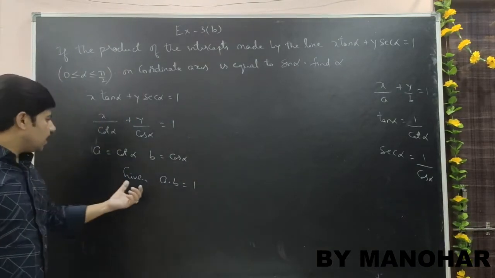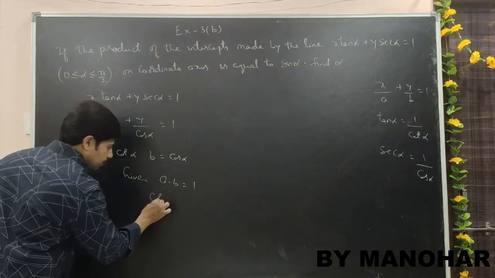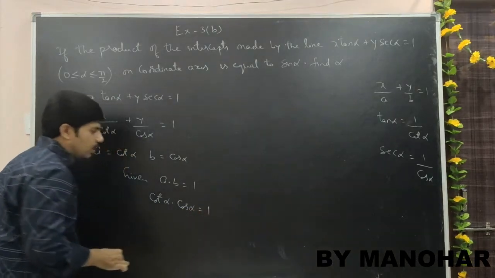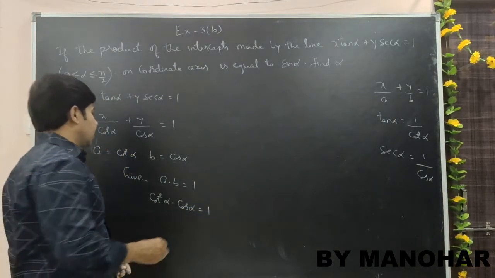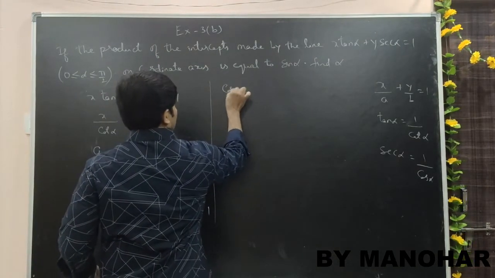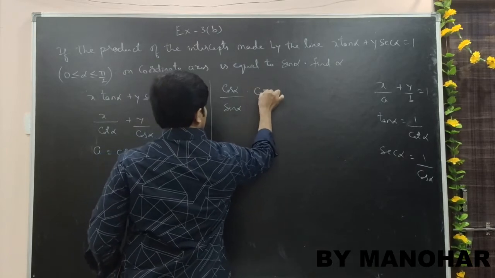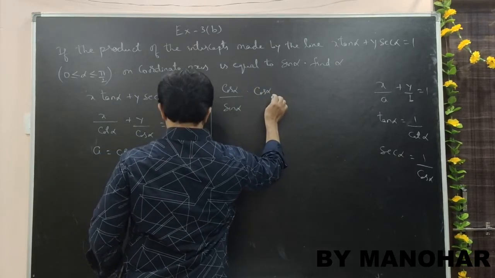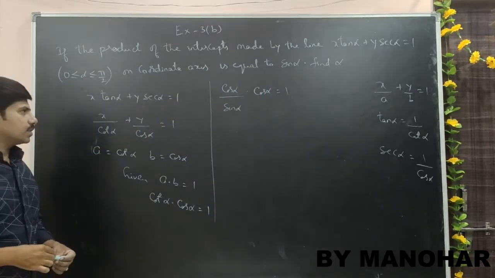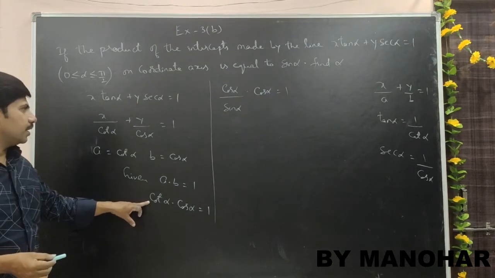The product of x-intercept and y-intercept is 1. So that is a into b is equal to 1. A value is cot alpha. B value is cos alpha is equal to 1. After that, now we will simplify this. Cot alpha can be written as cos alpha by sin alpha into cos alpha is equal to 1. Okay. See, cot is nothing but cos by sin, right?